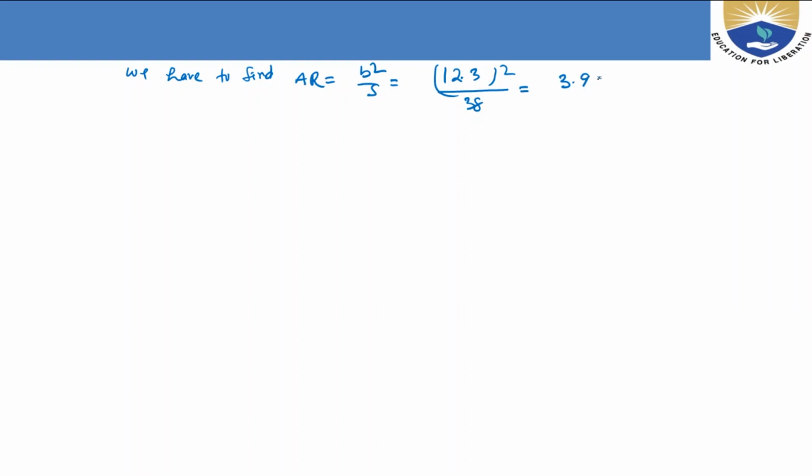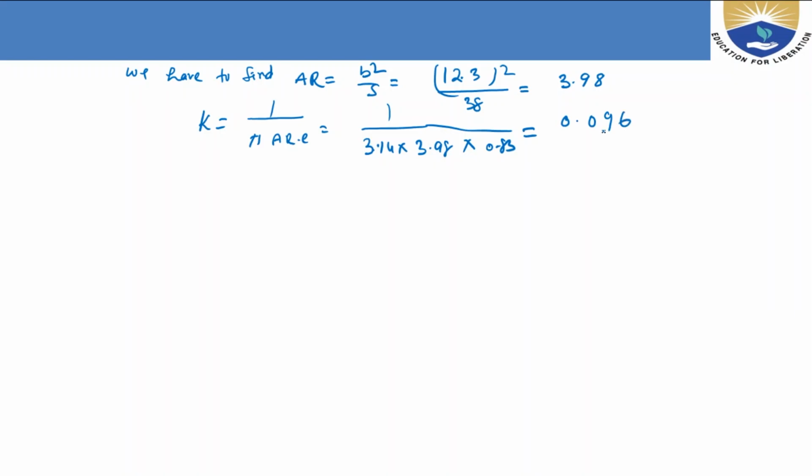You will get 3.98. K is equal to 1 by pi times aspect ratio times e, so 1 by 3.14 times aspect ratio 3.98. e is given as 0.83. So the value of K we are going to get is 0.096.